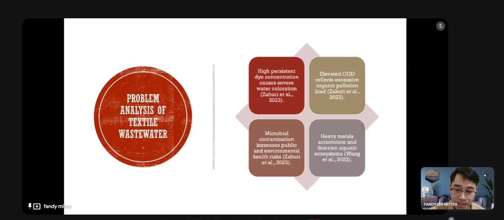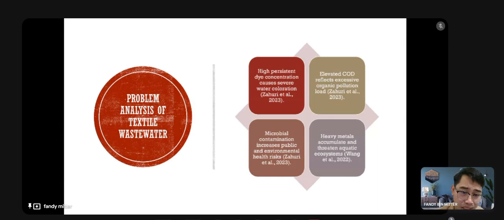Okay, this is the problem analysis of textile wastewater. So this slide focus on what are the problem analysis, and you can see that textile effluent contain pollution that are resistant to degradation and difficult to remove using standard treatment. Okay, if this wastewater is discharged without adequate treatment, it lead to serious environmental consequences. Let's take a look.